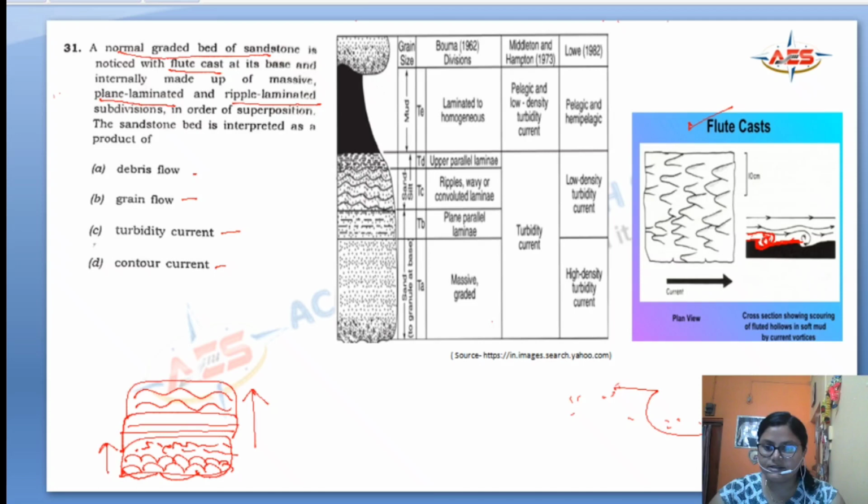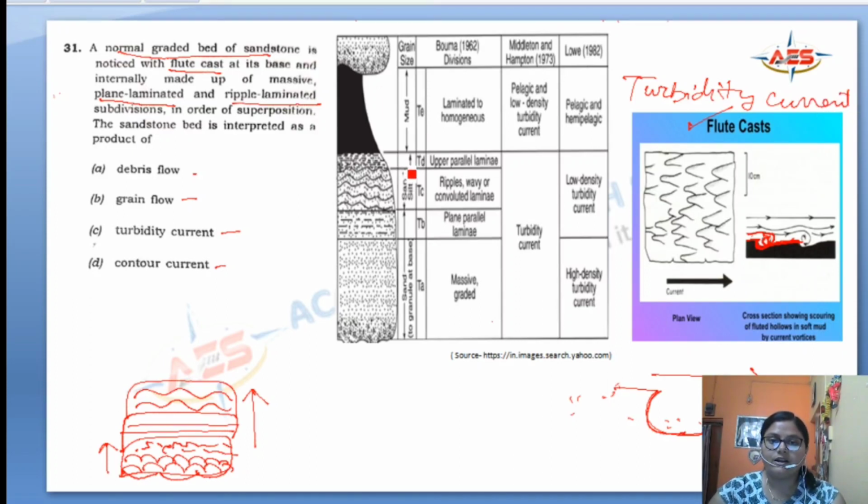This is a fluid cast with a bulbous upstream part and a pinching downstream part. Fluid casts are a characteristic feature of turbidity current.